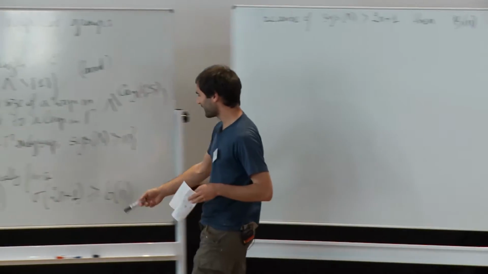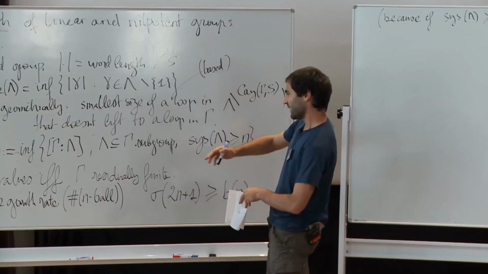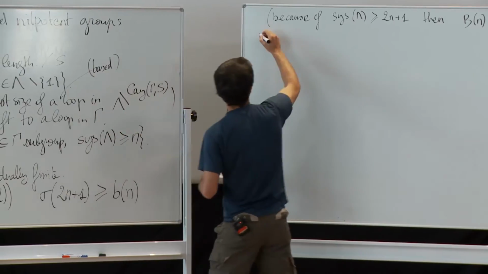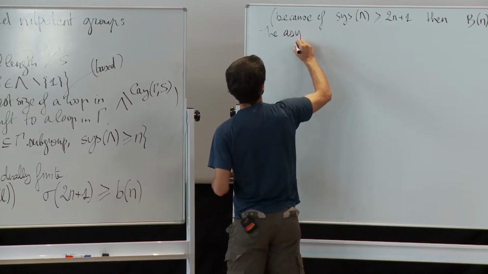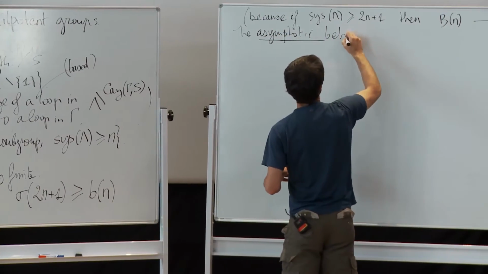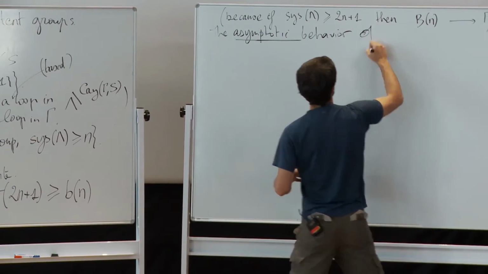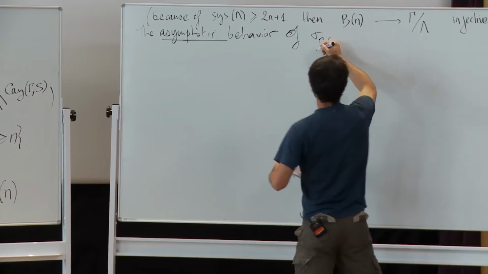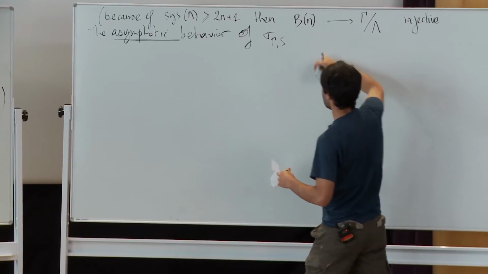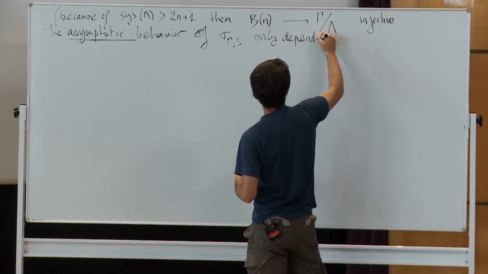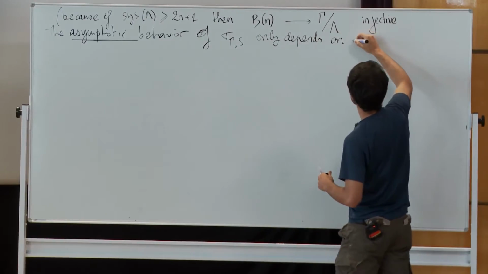So basically, there is dependency on the choice of S. The asymptotic behavior of sigma of gamma S only depends on gamma.